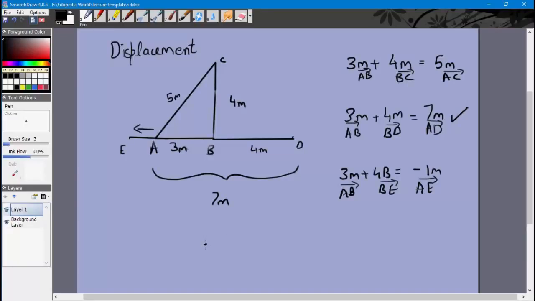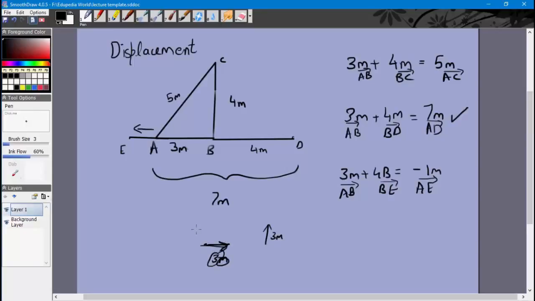For example, a displacement of 3 meters in this direction is very different from a displacement of 3 meters in this direction, even though the physical quantity 3 is the same, but the direction is different. So a physical quantity that is uniquely determined not just by what is called the magnitude, 3 would be the magnitude, meters would be the units, and the arrow would denote the direction.